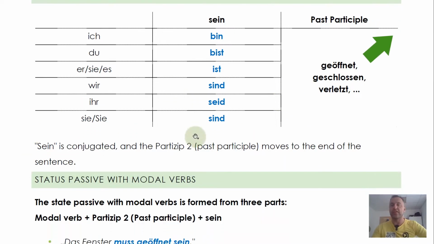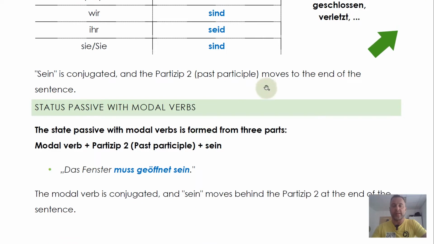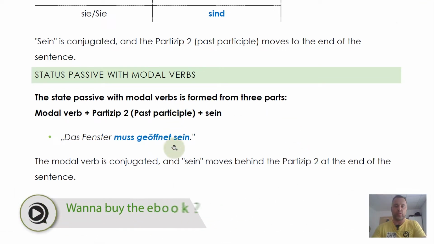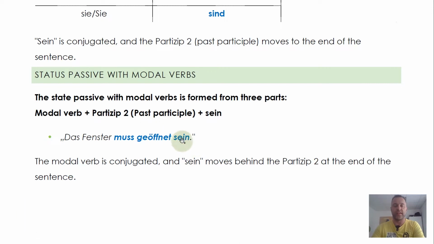So far, so easy. But what happens if we add a modal verb in there? The same thing that always happens with modal verbs. The modal verb goes second position, gets conjugated, and moves the auxiliary verb to the end of the sentence and keeps it in its infinitive form. So: das Fenster muss geöffnet sein. So the window has to be open.